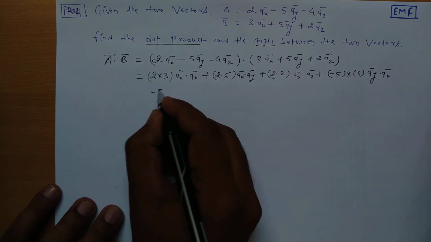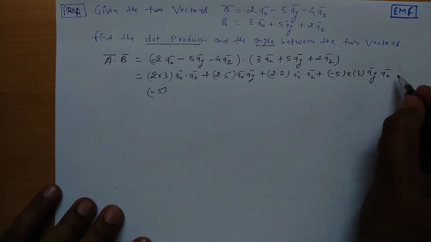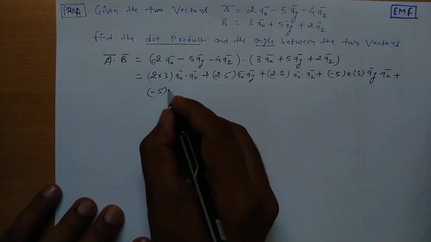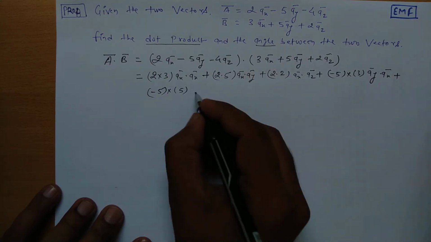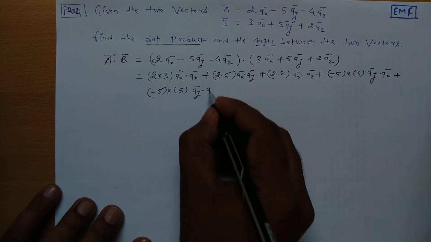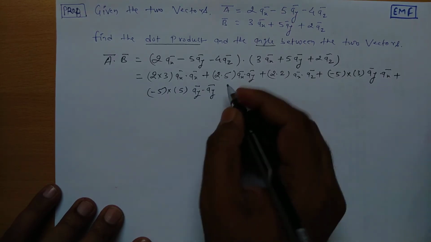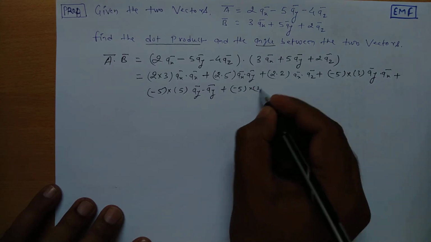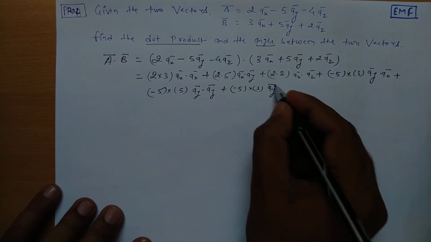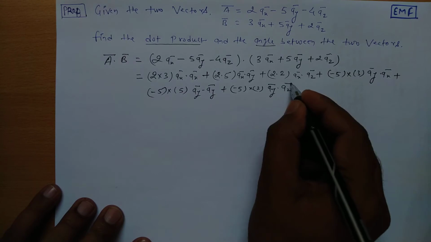Next, minus 5 into plus 5, this will be ay into ay. The last one will be minus 5 into 2, this will be ay into az.